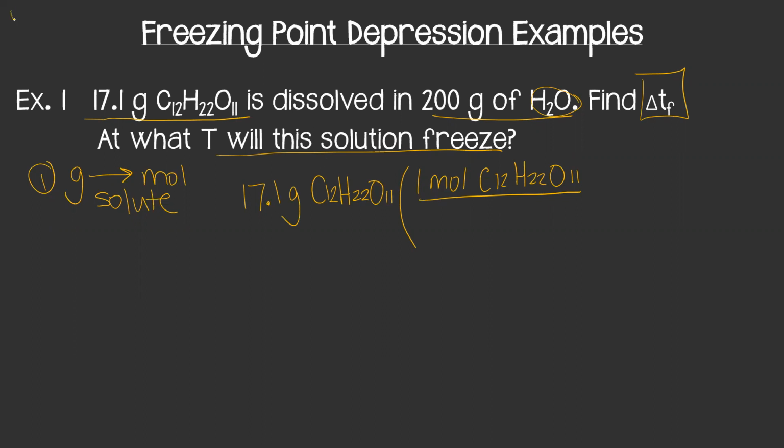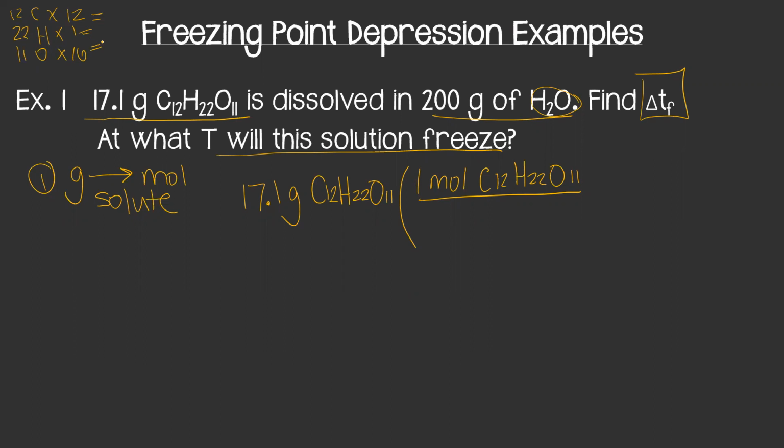So up here I have 12 carbons, and carbon, I'm rounding, is about 12 grams each atom. I have 22 hydrogens, that's about 1 gram each. And then I have 11 oxygens at about 16 each. You do not have to round, but if you do, you're going to get the exact same answer as me. If you don't round, you'll get something a little bit different, which is okay.